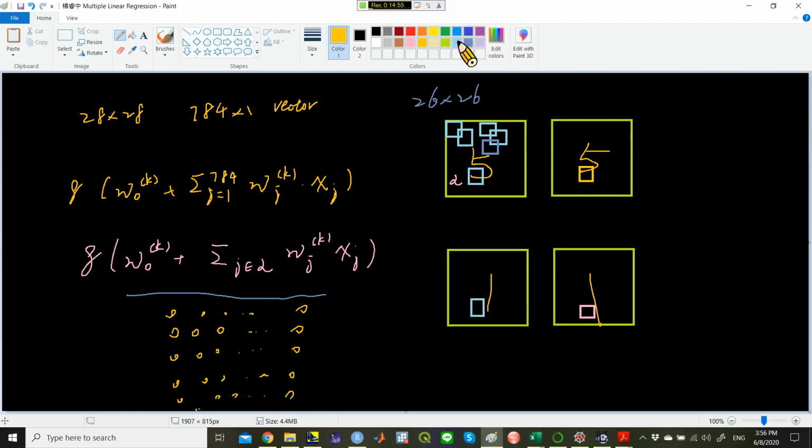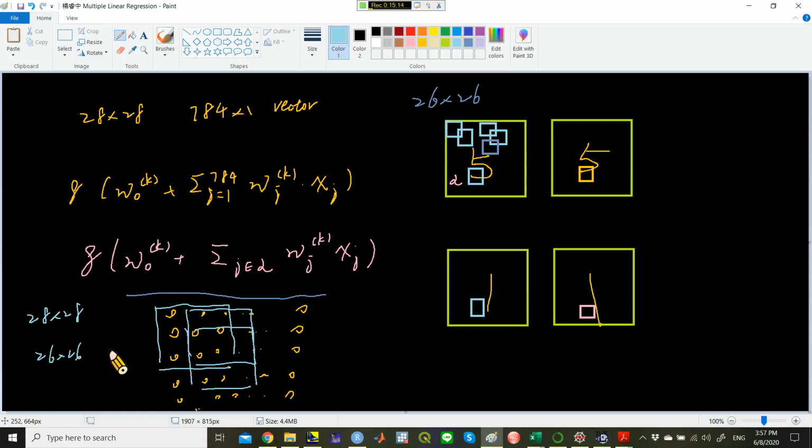So in doing the convolve, we take the sub image. This is a sub image, this is another sub image, this is another sub image. So originally we have a 28 by 28 input, then it will transfer into 26 by 26 different sub images.